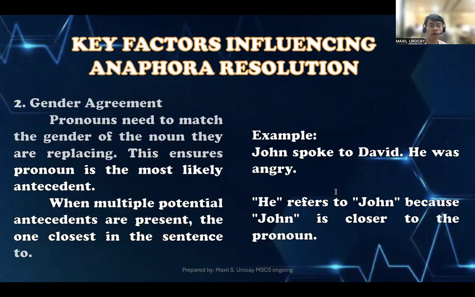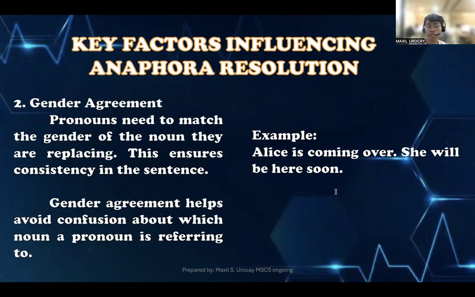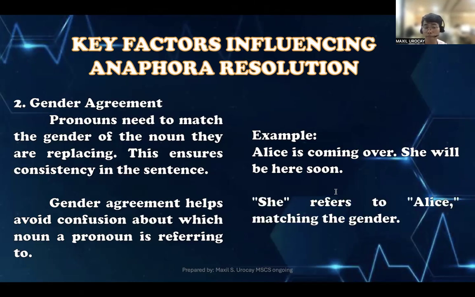Now, there will be gender agreement also. Pronouns need to match the gender of the noun they are replacing. This ensures consistency in the sentence. So, gender agreement helps avoid confusion about which noun a pronoun is referring to. Say, for example, Alice is coming over. She will be here soon. In this case, "she" is referring to Alice, matching the gender.